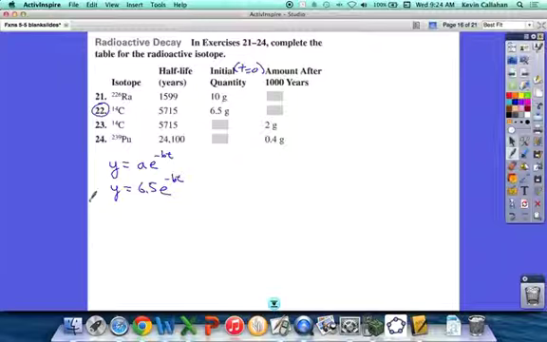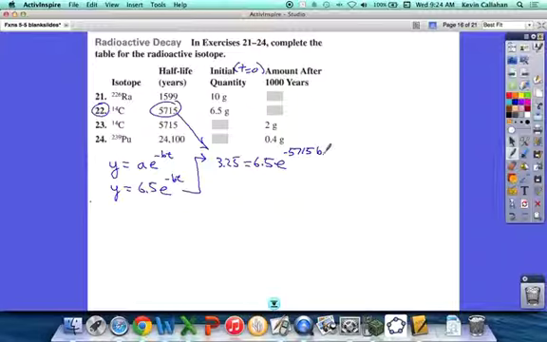So let's do that. So we plug in here with the half-life. So I could say 3.25 equals 6.5 e to the negative 5715 b.